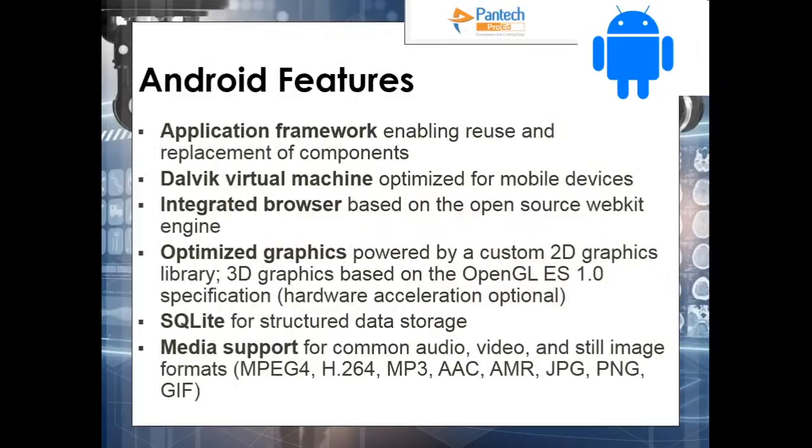So Android features are about what we can do with Android. An application framework, like reusing and replacing components. And then we are using the Dalvik virtual machine, which is a virtual machine used for Android, and integrated browsers like open source browsers.